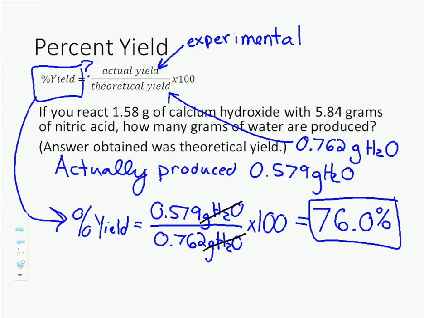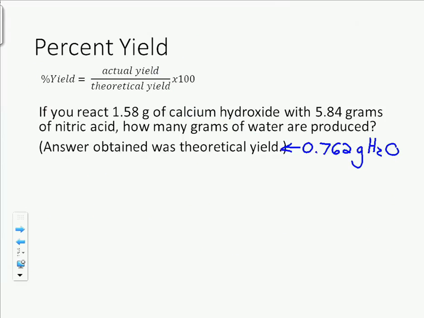But in this example we're looking at now, you did better than that. But if your company's only expecting to have 50%, how much better did you do? How much more product did you make for them than the average person used to make? Okay, so let's just do that. Let's say your percent yield is, in this example, let's just do 46.1%.